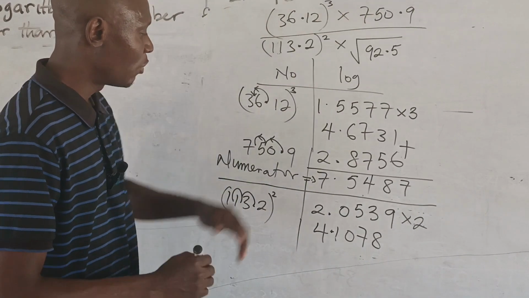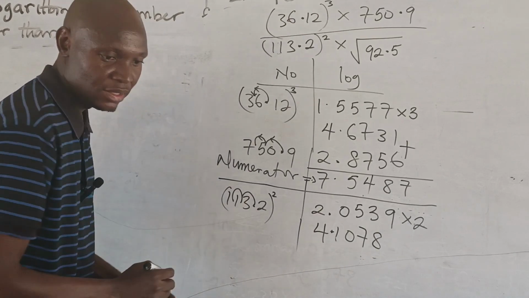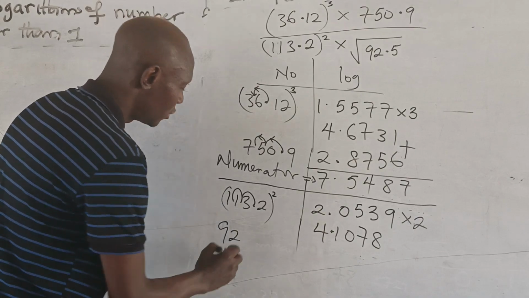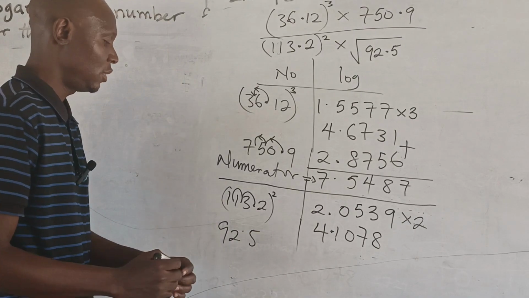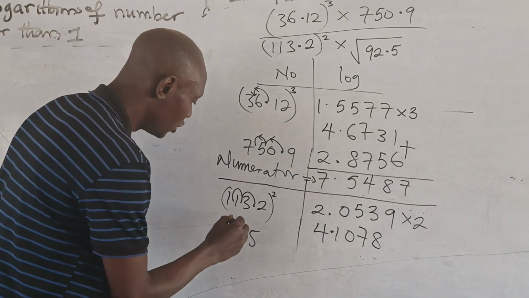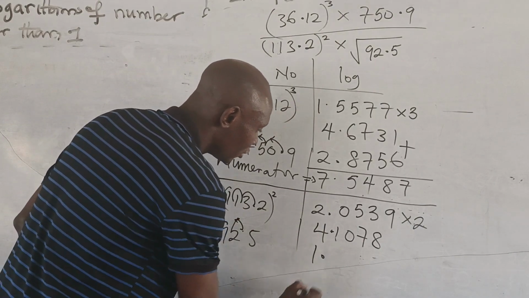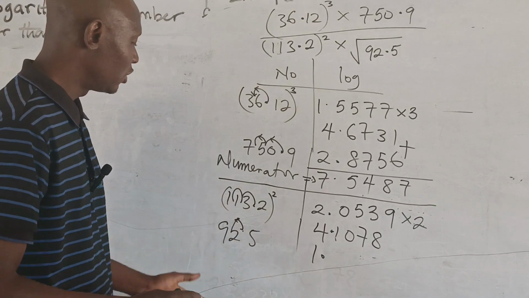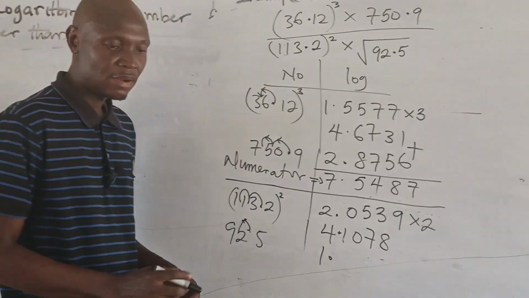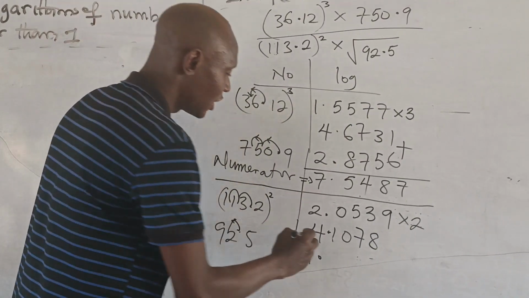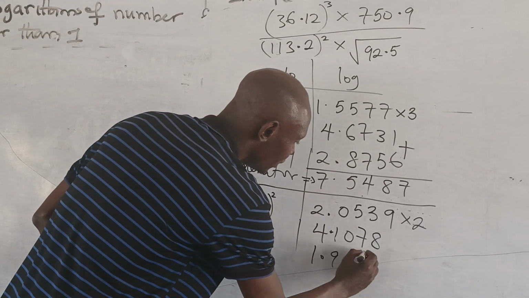Then we move to the other one. We have 92.5. So 92.5, the point we move to this side, that is, the integer will be 0.1. So here we are going to check 92 under 5. 92 under 5 will give us 9661.